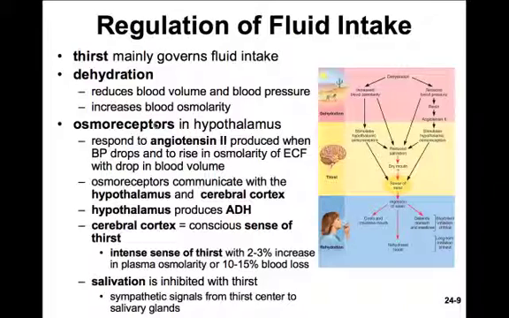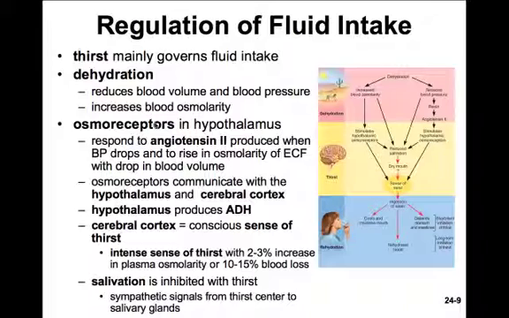The cerebral cortex is going to elicit a conscious sense of thirst. Within just a 2 to 3% increase in plasma osmolarity, we'll see that these receptors will instigate intense sense of thirst.